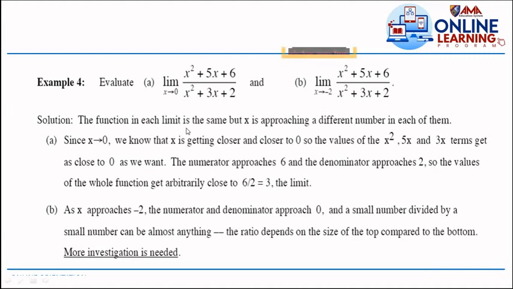The function is the same. So pag titingnan mo, pareho lang yung function sa letter A at saka function sa letter B. But x is approaching a definite number in each of them. Pero yung limit nila, hindi sila pareho. Yung isa approaches 0, yung isa approaches negative 2.